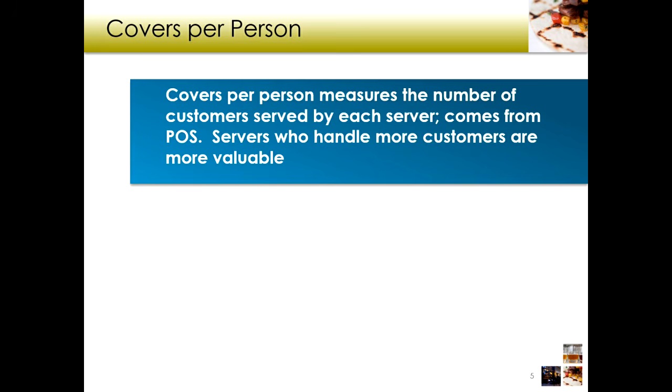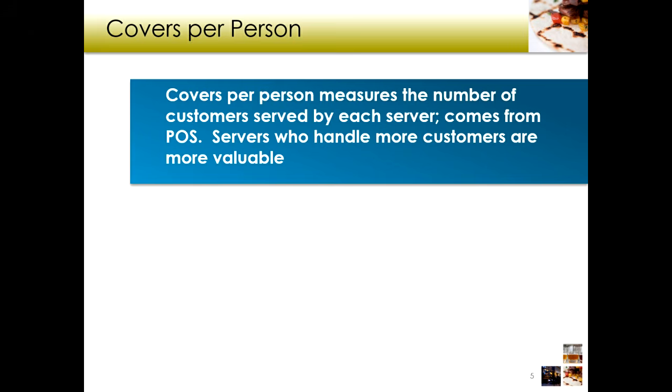Yes, the dollars per hour is an important number, but it also comes with a caveat that we need to worry about the covers per person hour as well, because yeah, one person came in and spent $400, so we have one cover, but we could have one cover in and buy a coffee for $2, right? So it can really swing both ways. So we have to look at averages.